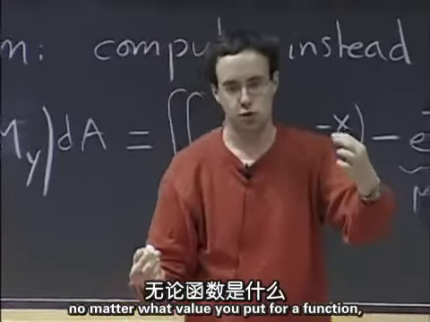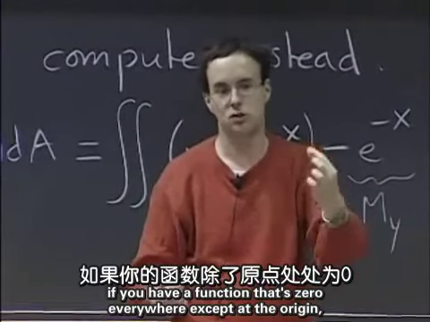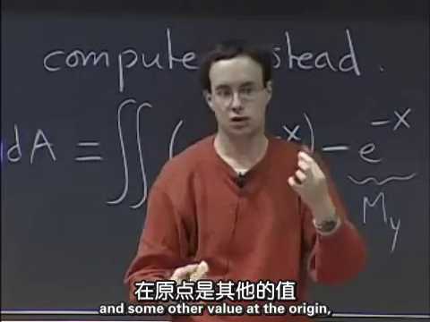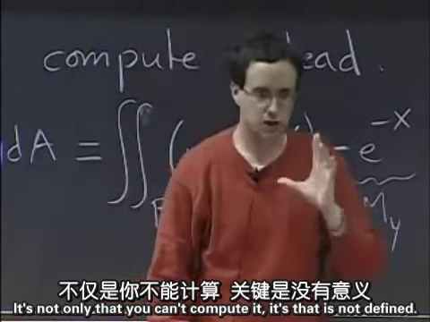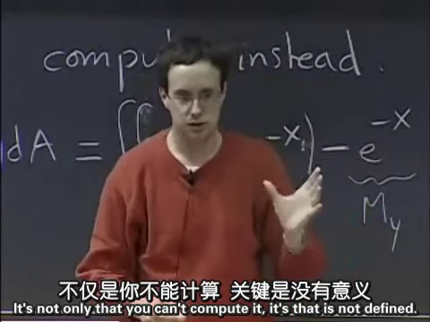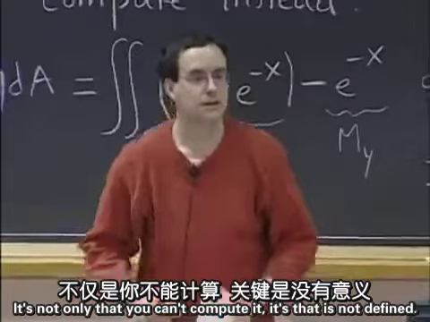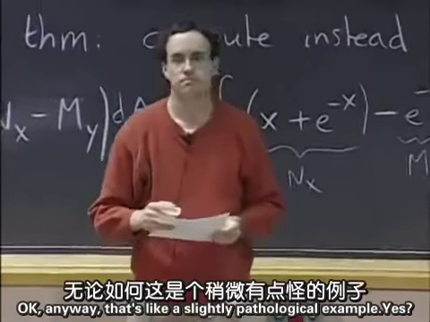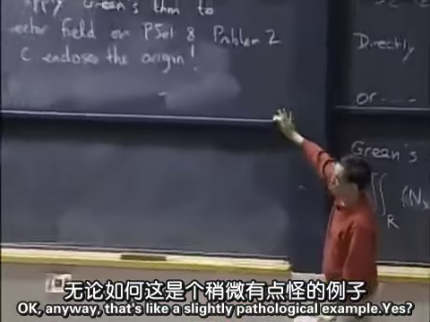Well, no matter what value you put for a function, if you have a function that's 0 everywhere except at the origin and some other value at the origin, the integral is still 0. So it's worse than that. It's not only that you can't compute it, it's really that it's not defined. Okay. Anyway, that's a slightly pathological example.